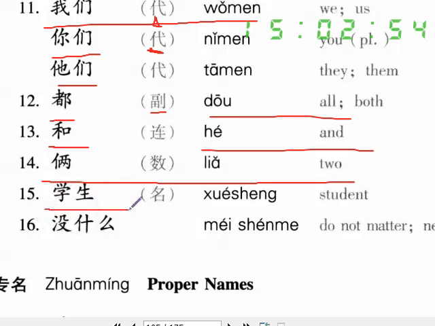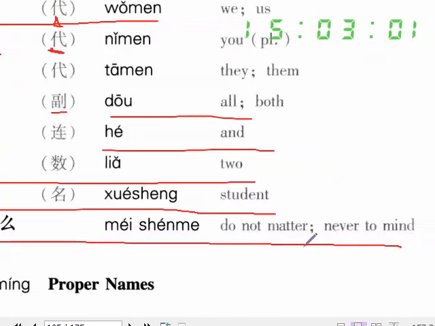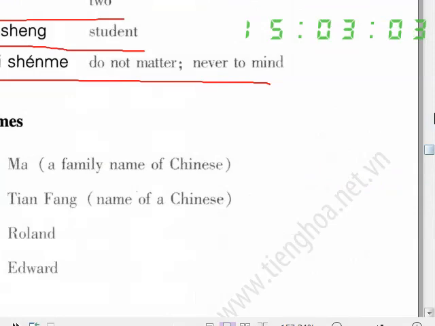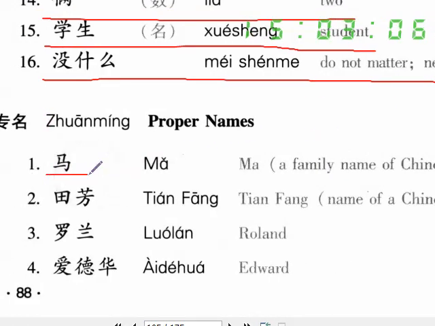Two people 学生没什么马 this is a popular feminine name 马田芳. I think this horse is good, maybe in ancient time people like horse so it's a feminine name.